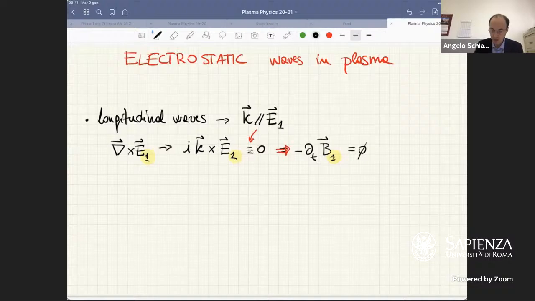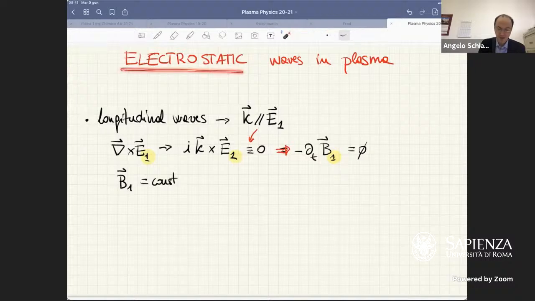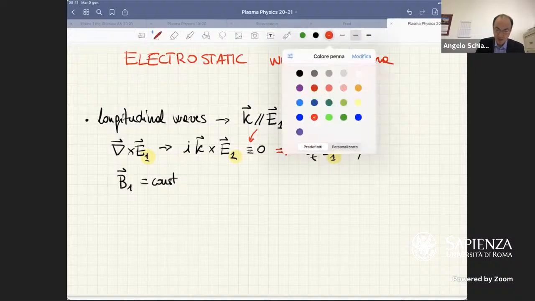It means that B1 is constant with respect to time. And being constant with respect to time, it means that it's not oscillating, it's not propagating. So actually, it's not part of the wave solution. And that is why in the term electrostatic waves, there's this static, which means that B is not propagating.